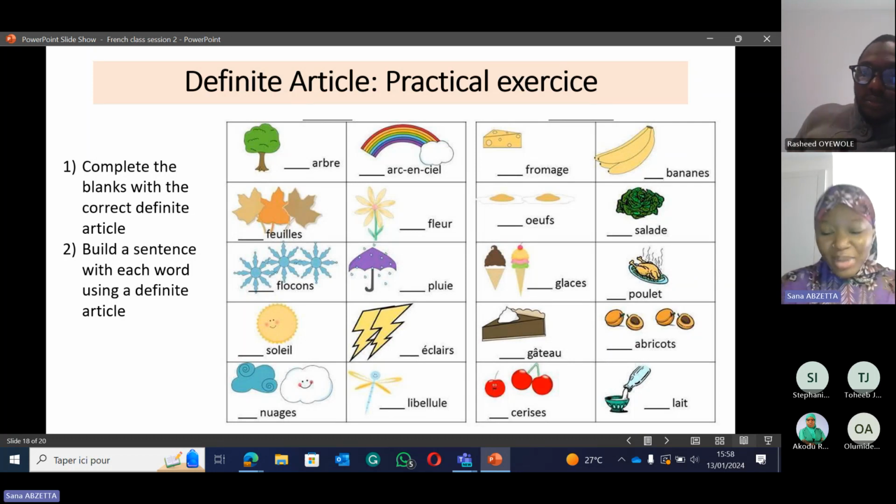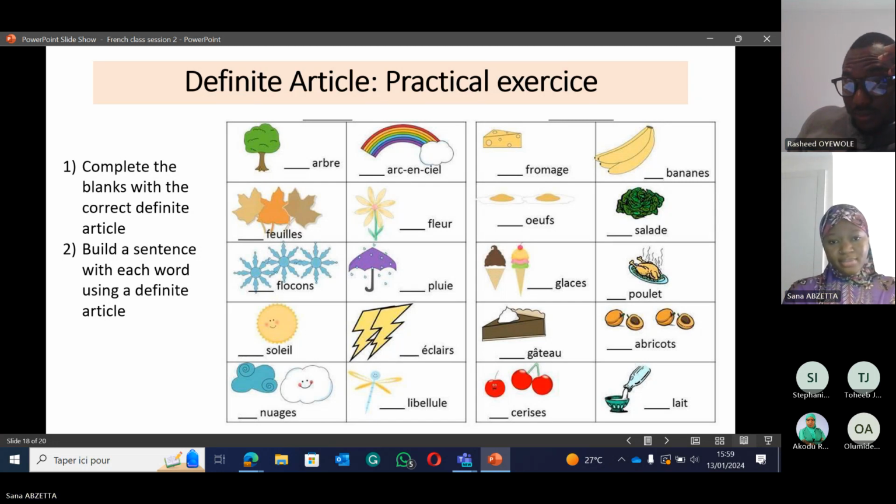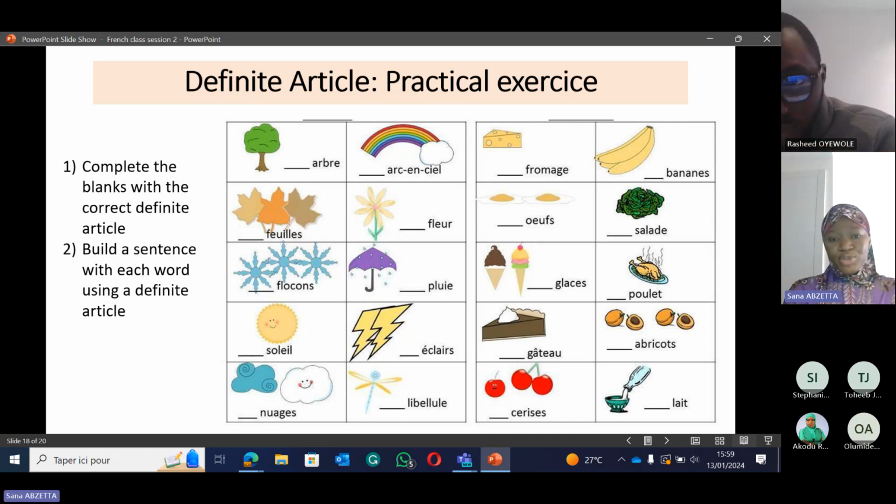We are almost at the end of the time, so I want you to try, even if it takes 5 more minutes, to complete this and see if you get the right article. Take 5 minutes to think about it. Also pay attention to plural.